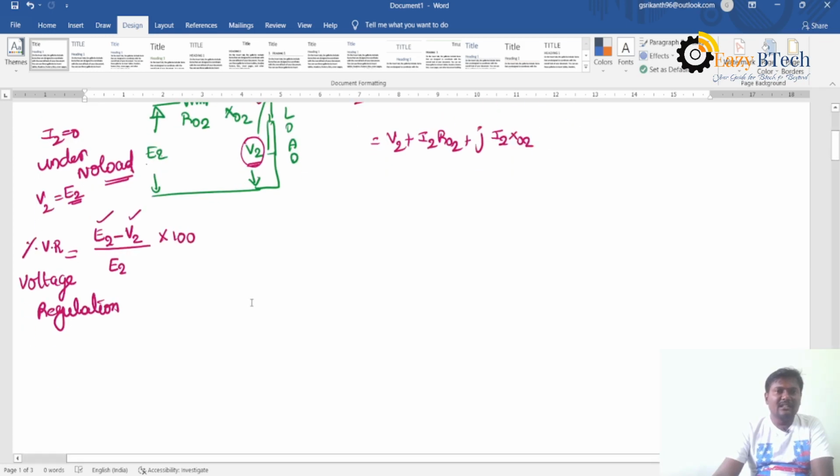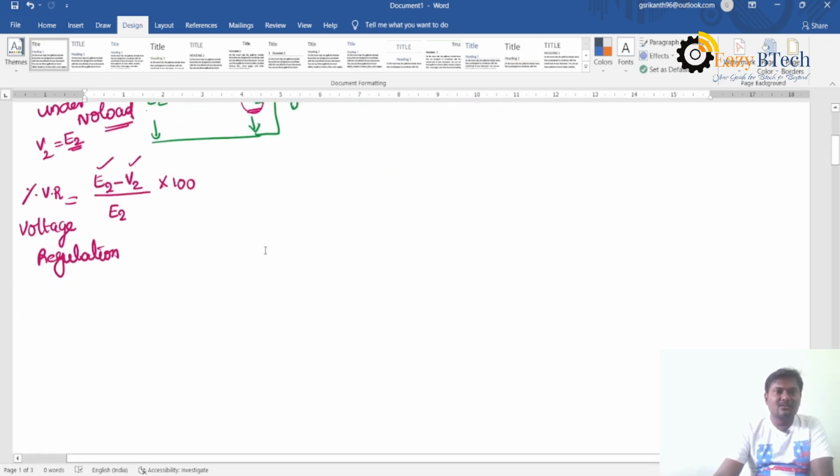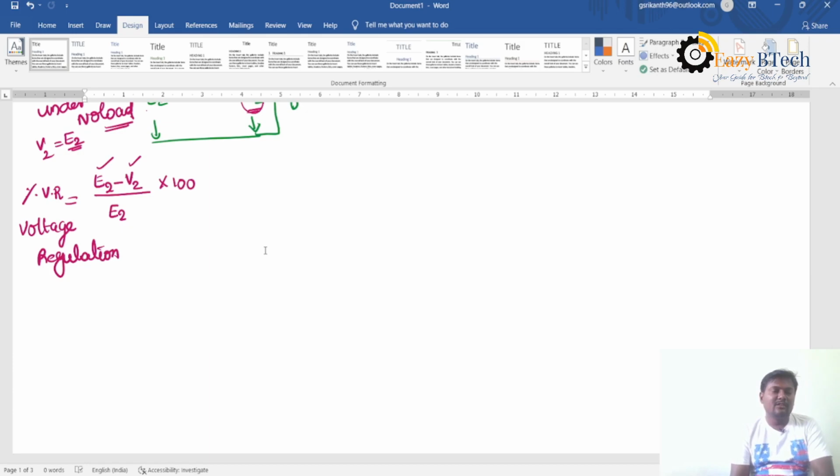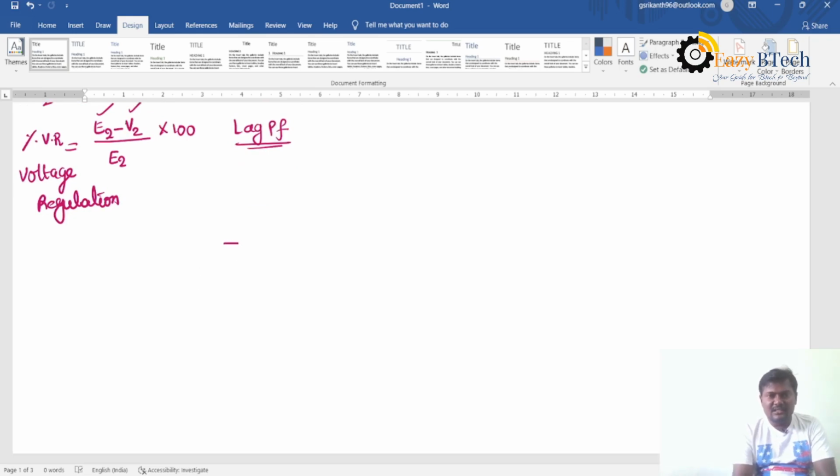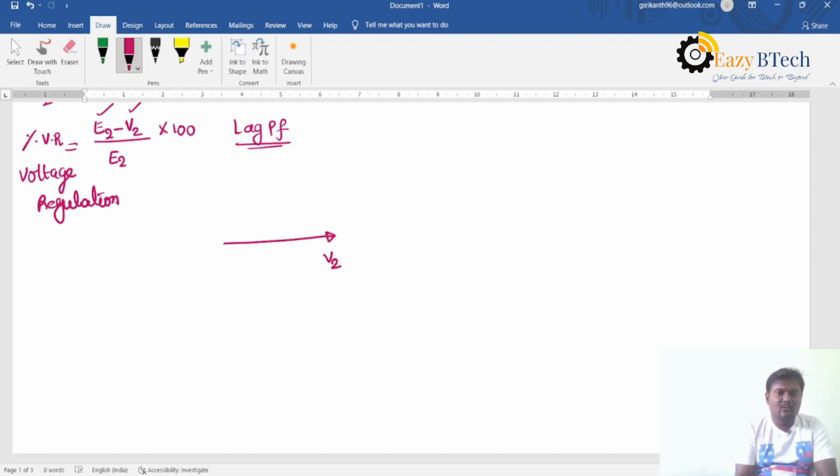So we have different types of loads. One is RL load, lagging load, leading load, and resistive load, which is called the unity power factor load. For a lagging power factor, we should derive the voltage regulation. Now let us see. I will take the reference as the secondary terminal voltage V2.